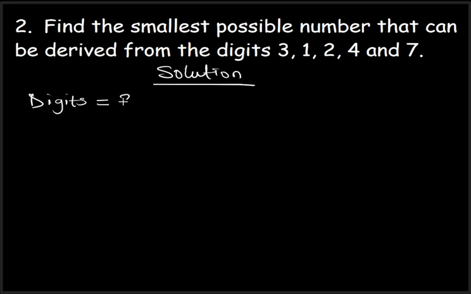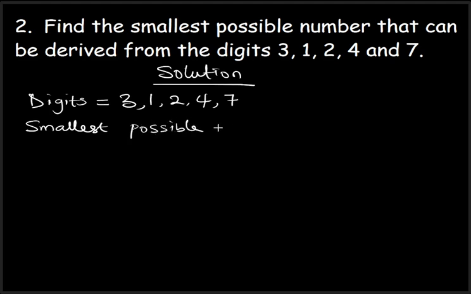Digits equal to 3, 1, 2, 4, and 7. So the smallest possible number we can get will be equal to. So if we are to put these digits together, how do we arrange the digits to give us the smallest possible number?